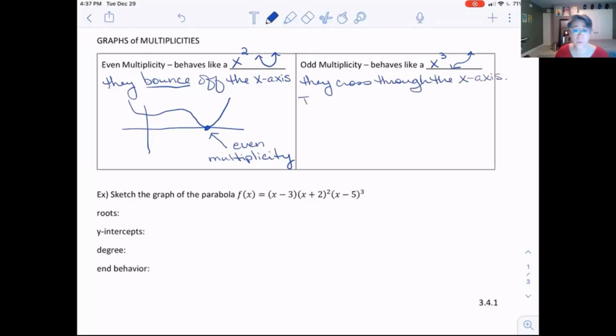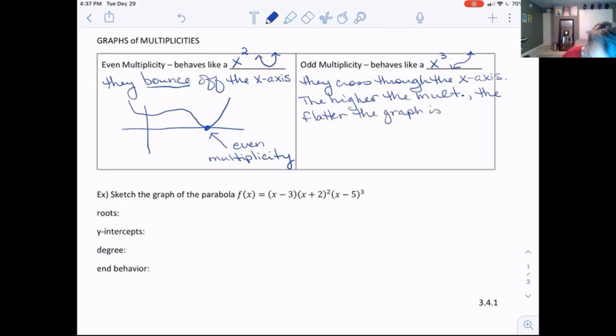Now, with the odd multiplicity, the higher the multiplicity, the flatter the graph is at the 0. So for example, you might have an x-intercept here and an x-intercept there.